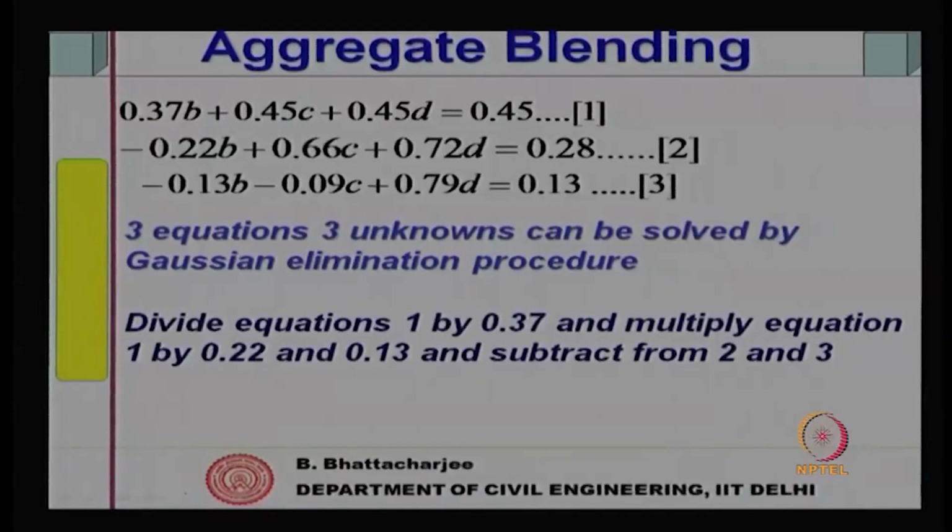So, that means, if these are the 3 equations, just for example purpose, divide this by 0.37 and multiply equation 1 by 0.22 and add, and 0.13, right, and this divide by 0.37, multiplied by 0.22 and multiplied by 0.13 and simply add, you will eliminate out b, right.